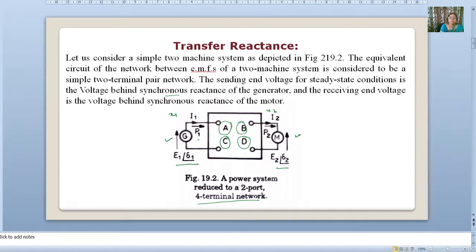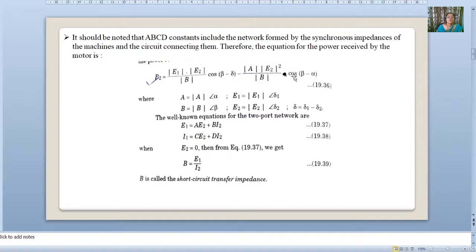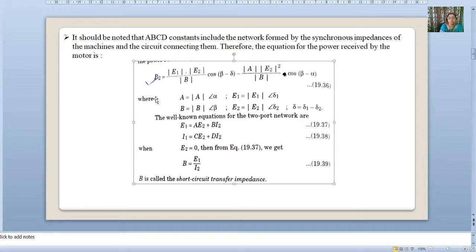This is the sending end and this is the receiving end. The sending end current is I1, and I2 is the receiving end current. It should be noted that the ABCD constants include the network formed by the synchronous impedance of the machine and the circuit containing them. So we need to find out these ABCD parameters.